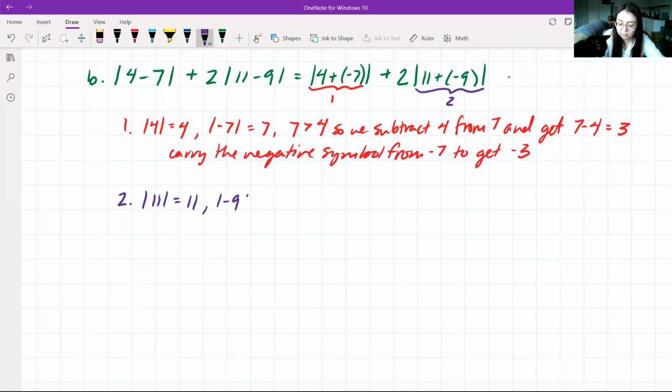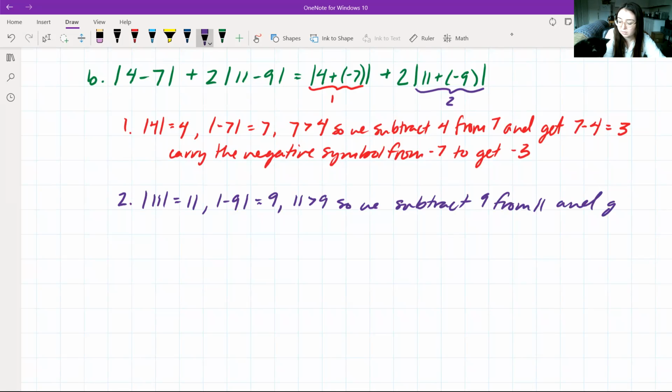Our absolute value of -9 is going to be 9. And then we go through the same process. We see 11 is greater than 9. So we subtract 9 from 11. And we're going to get 11 minus 9, which is 2.